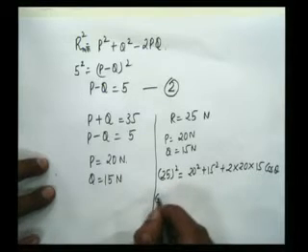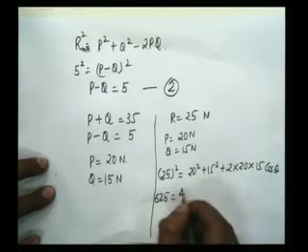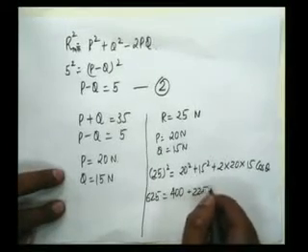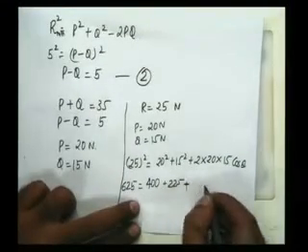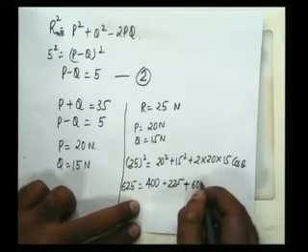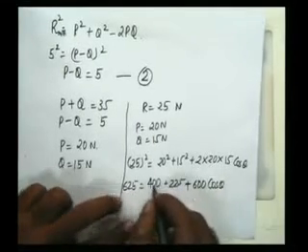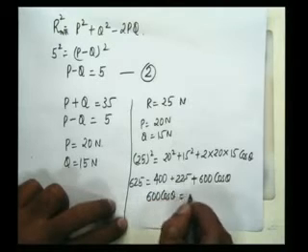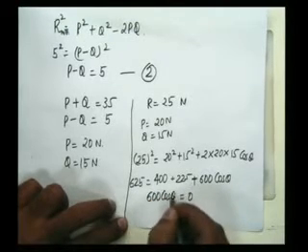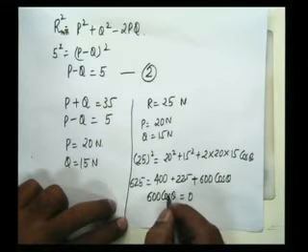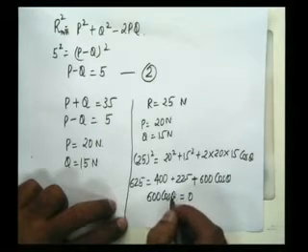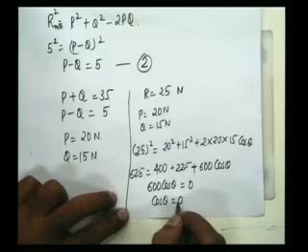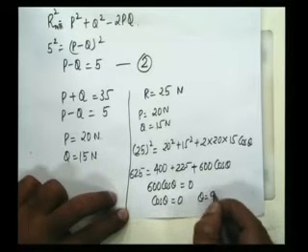So 25 square is 625, this one is 400, this one is 225 plus 600 cos theta. So we get 600 cos theta is equal to 0. When the product of two things is equal to 0, then either of the two should be equal to 0. Now 600 cannot be equal to 0, so cos theta has to be equal to 0. Now cos theta equal to 0 means theta is equal to 90 degree.